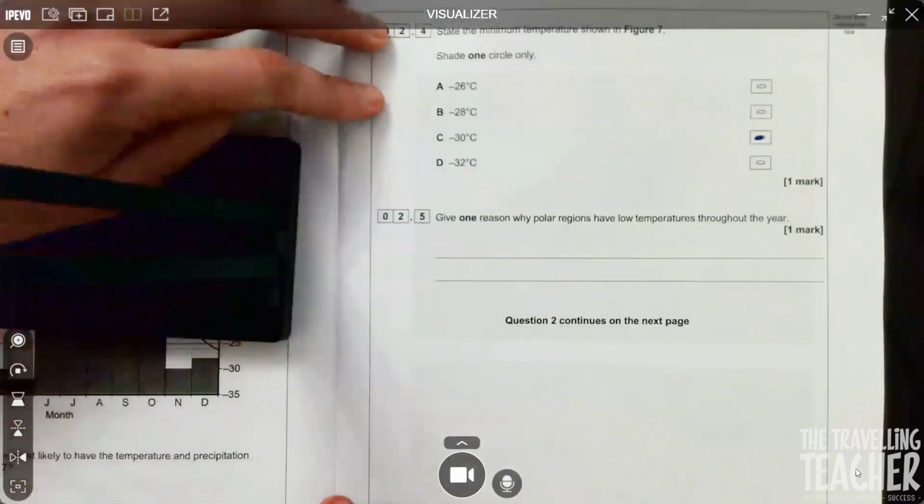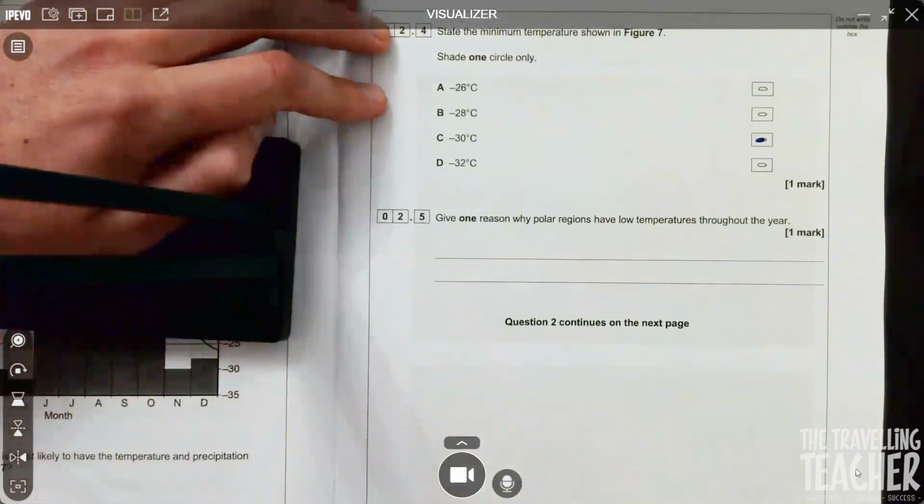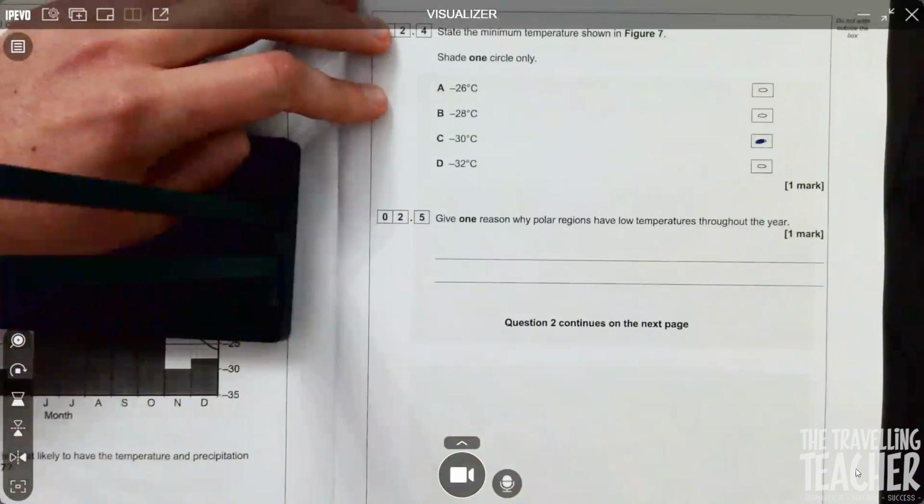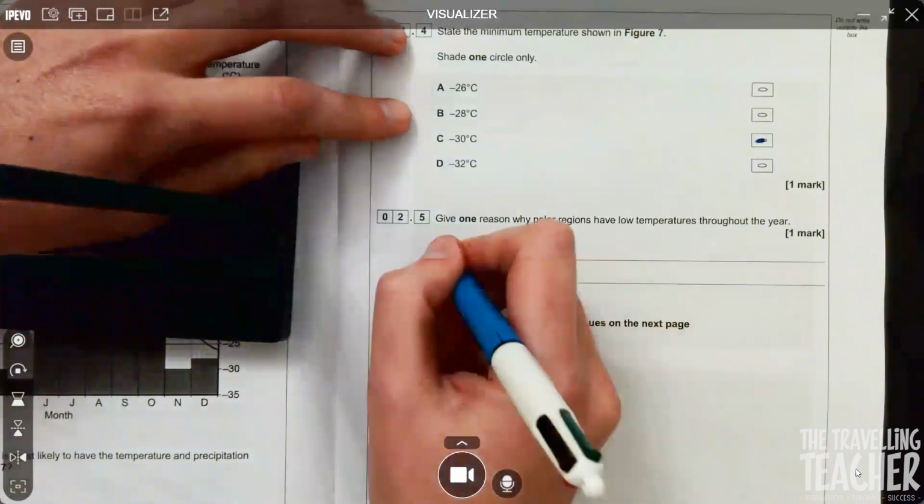Question 2.5. Give one reason why polar regions have low temperatures throughout the year. Here we go.